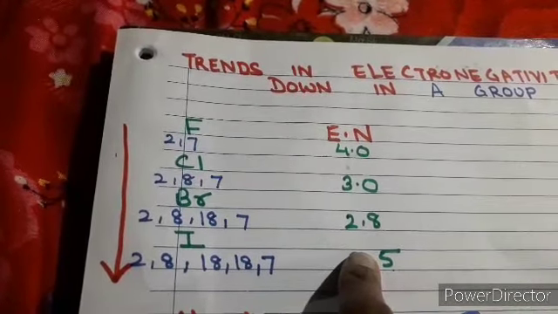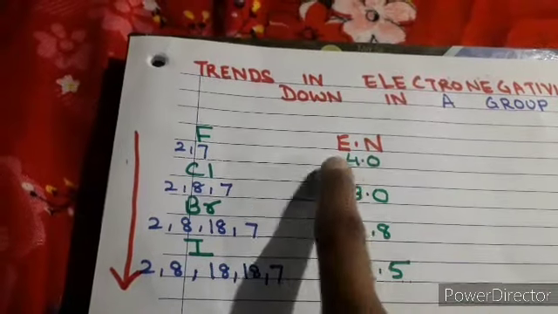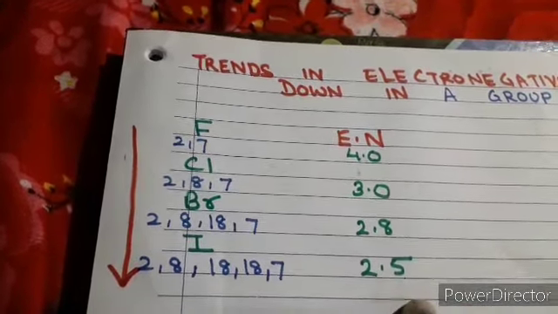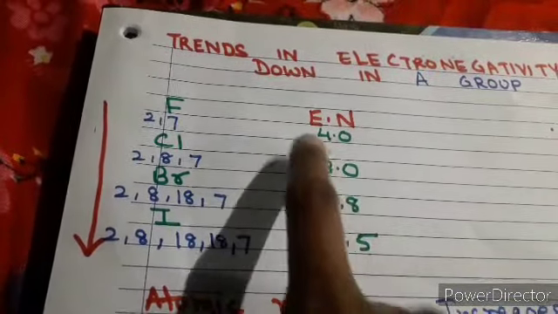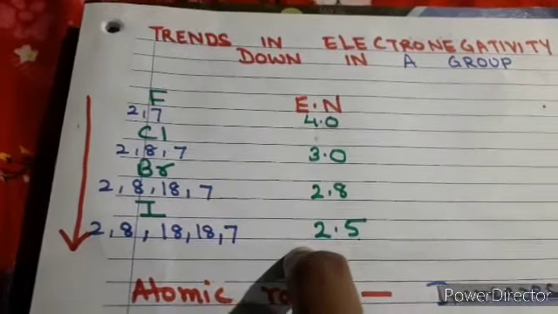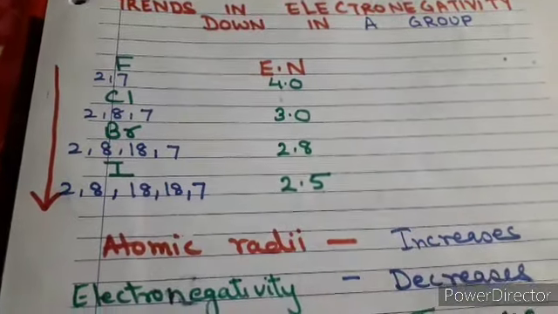Now what you can see is that the values of electronegativity are decreasing over here: 4, then 3, then 2.8, 2.5. Every time the value is decreasing. Why is this happening? When we move down a group, the electronegativity is decreasing.